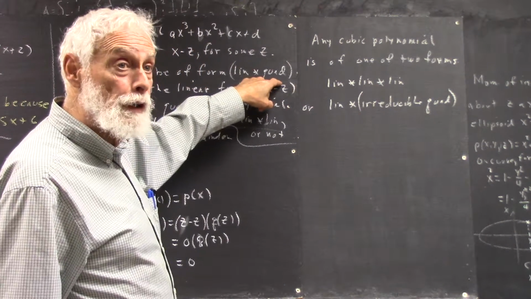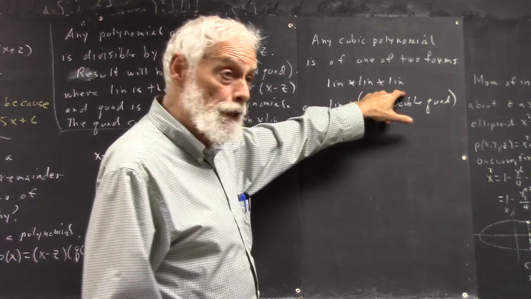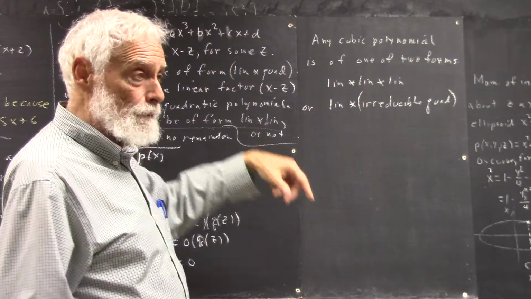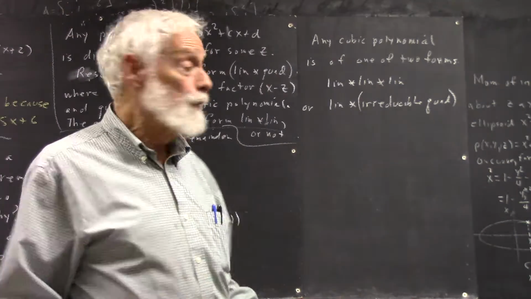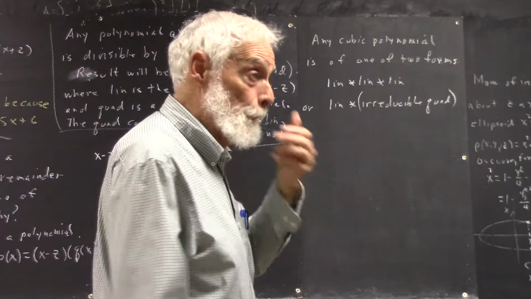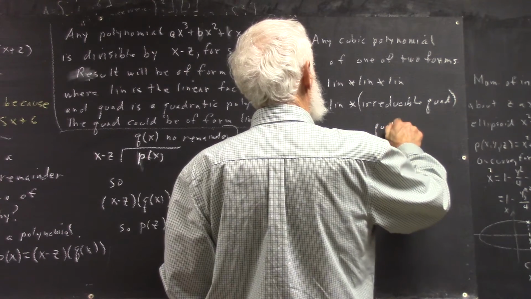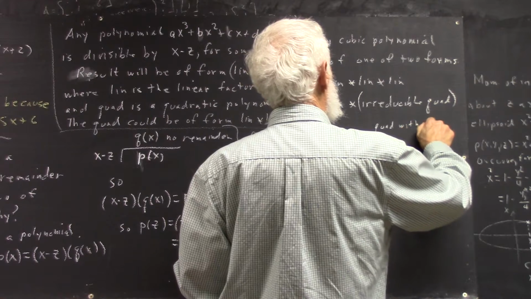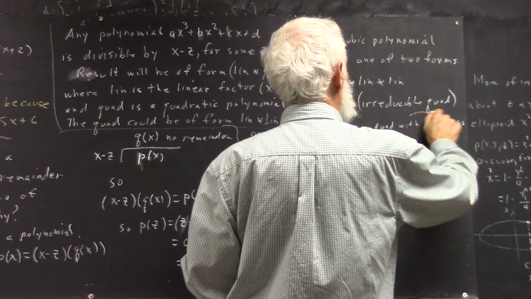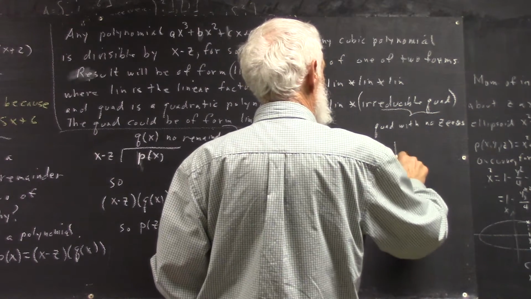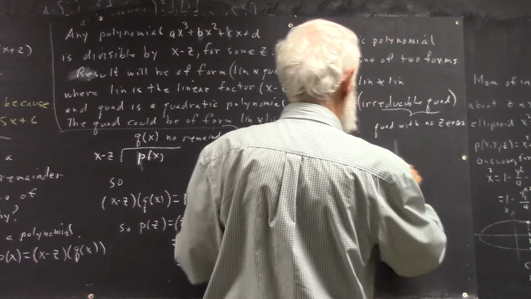Either that quadratic is reducible, meaning you can write it as a product of linear, meaning that it has two zeros, or it doesn't have any zeros, in which case it's irreducible. Okay? So this would be a quadratic with no zeros.